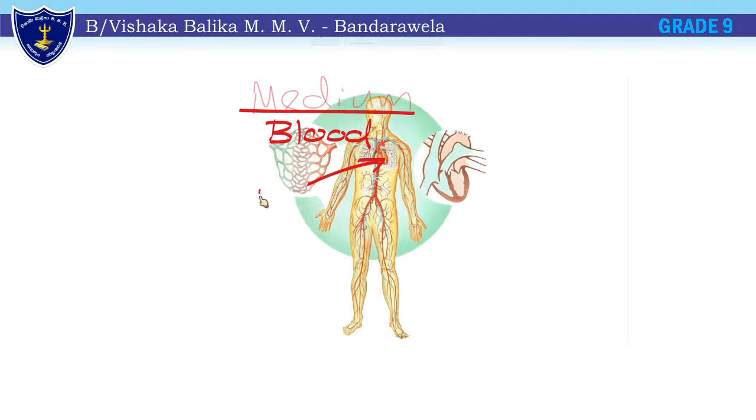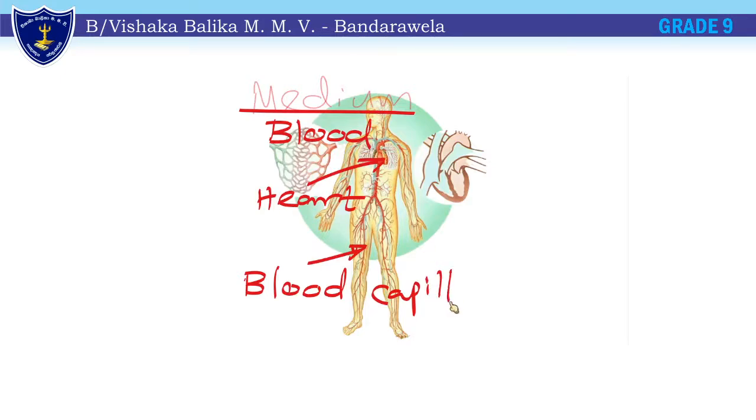The pump is the heart. And the third thing is the tube system. The tube system is the blood capillaries. So these are the three important things in our blood circulatory system.